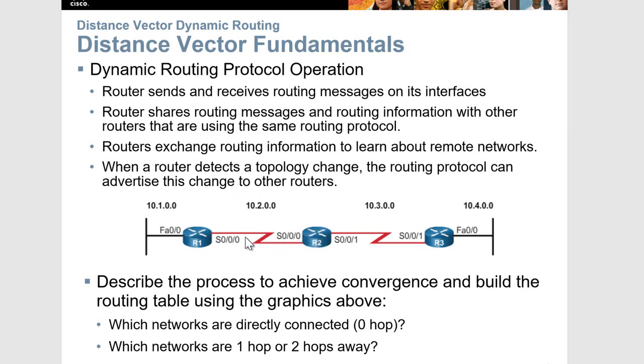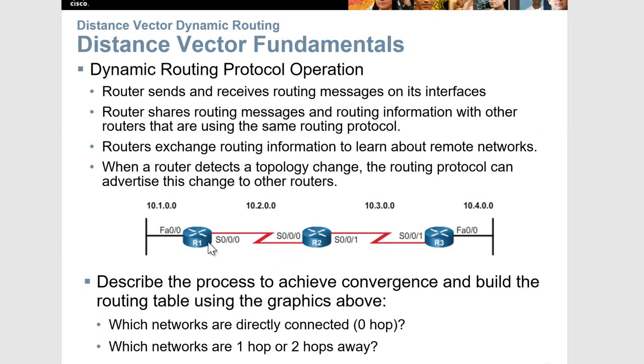So then a little bit of an exchange goes on here. Again, we'll talk about that exchange and what exact packets are involved in that in the following chapters on specifically EIGRP and OSPF.